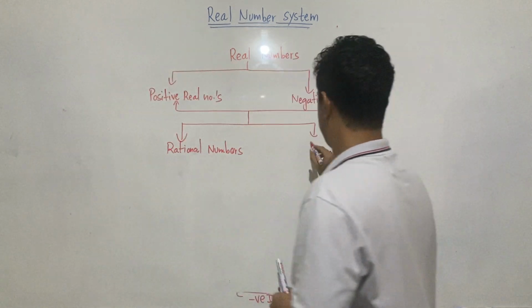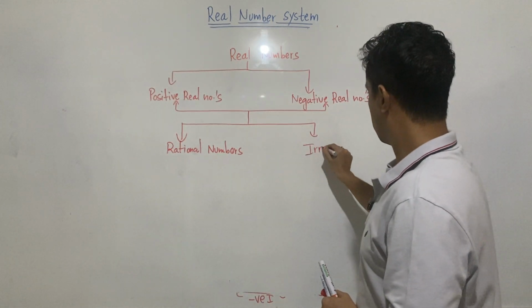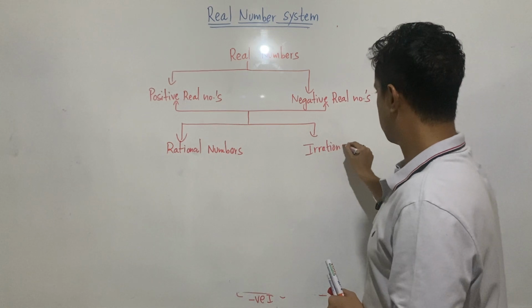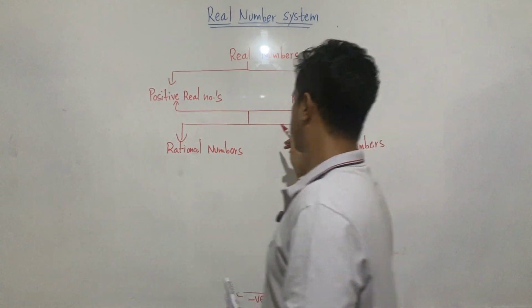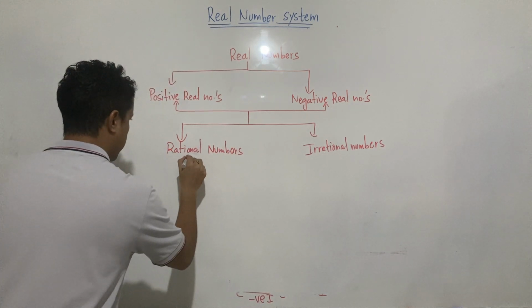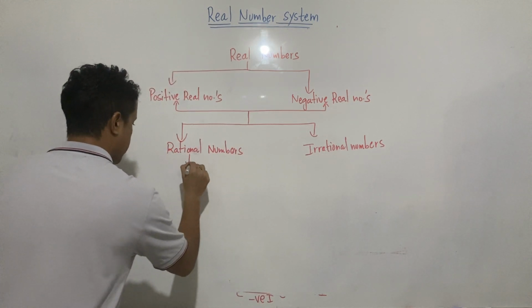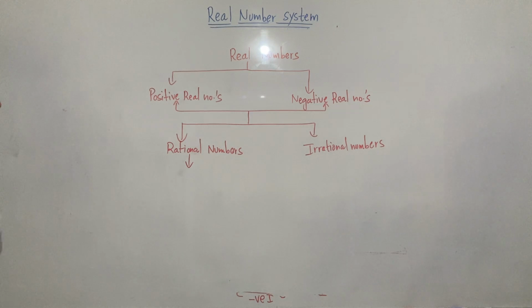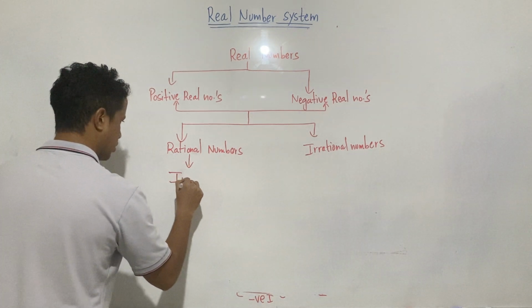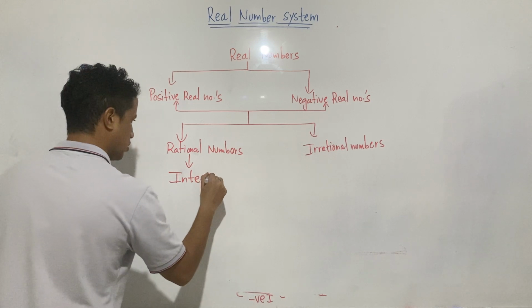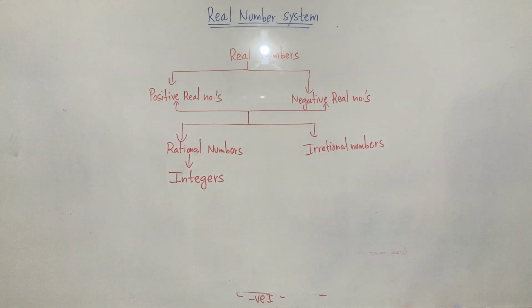Then here irrational numbers, right? And then from here you can again break it down to, I guess, integers, right?